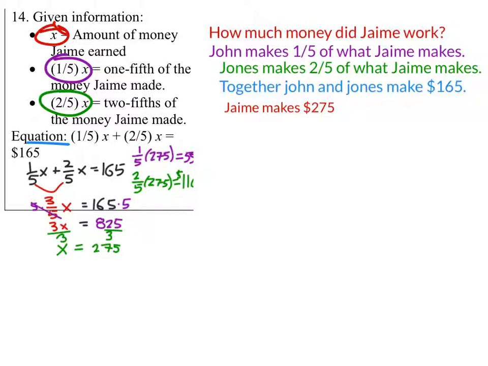And then we can move on to old Johnny. John makes, what was it, $55? And then we got Jones. Jones makes $110, right?